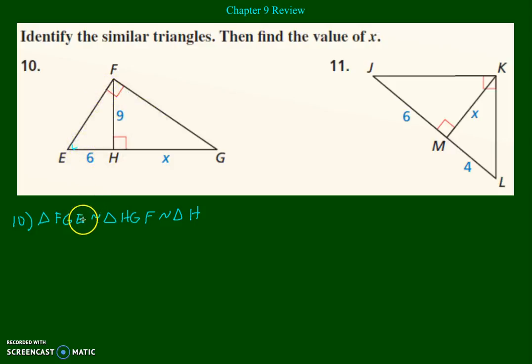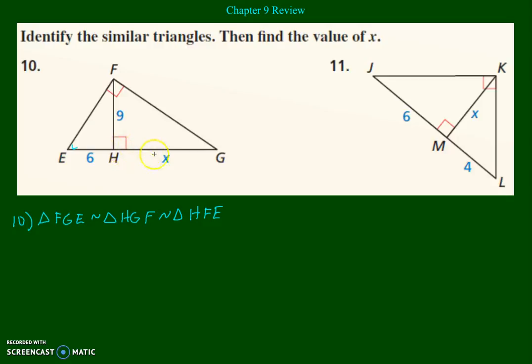So E is going to correspond to E in the big triangle. Therefore, it's H, F, E. And if you work in this methodical fashion, you shouldn't have any real problem identifying the corresponding sides. But if you try to do it in a haphazard fashion, it's going to be a little difficult.